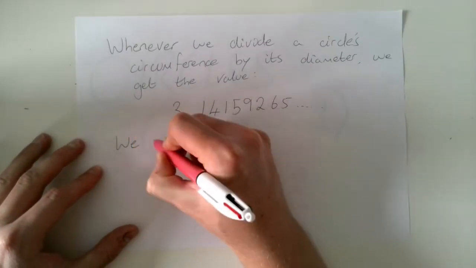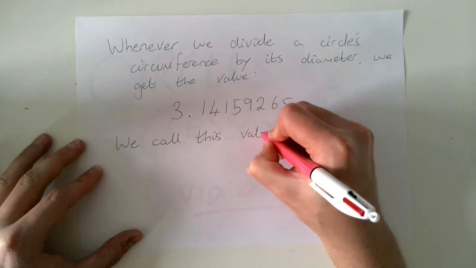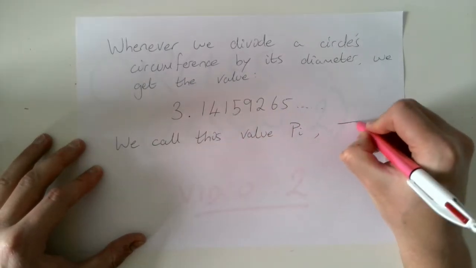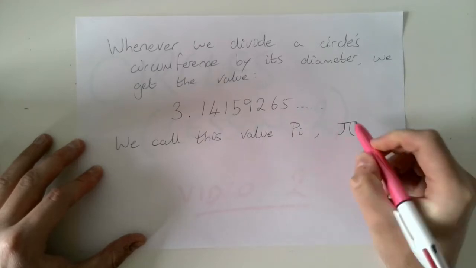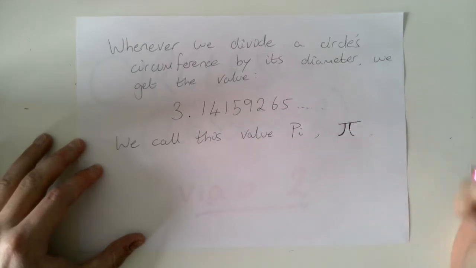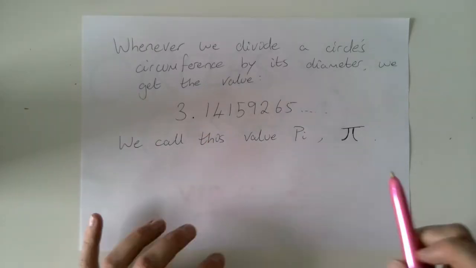And we call this number, or this value, pi. And we use this symbol. It's a line across with 2, I guess, little leg looking type things. So we get this value, and we call this number 3.141 and so on pi.